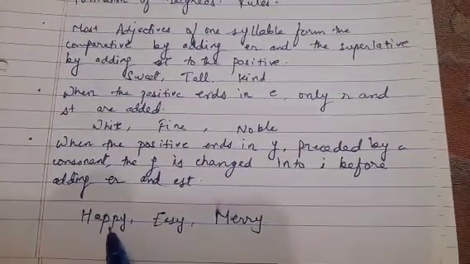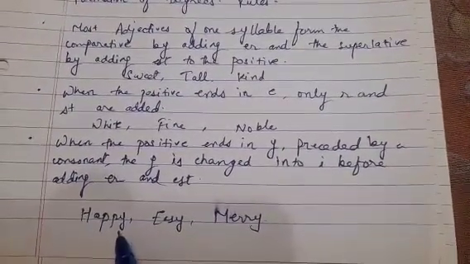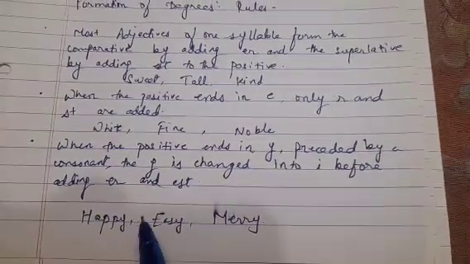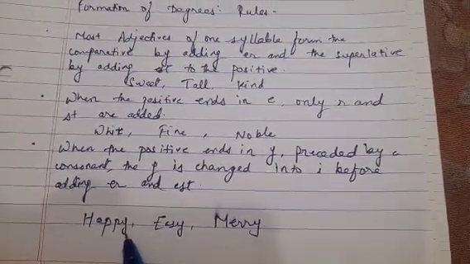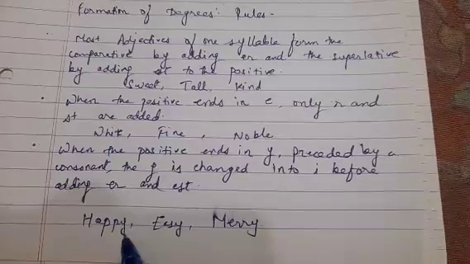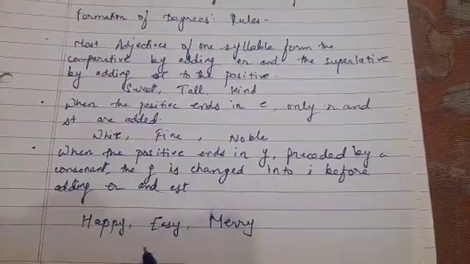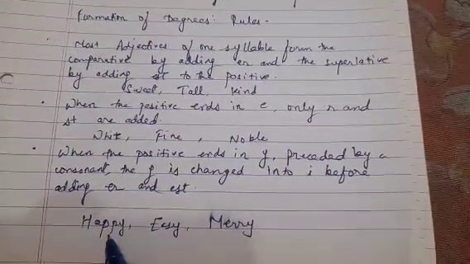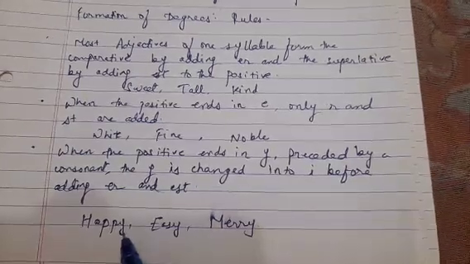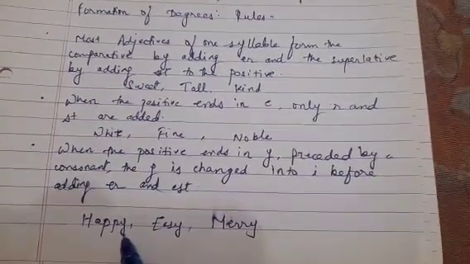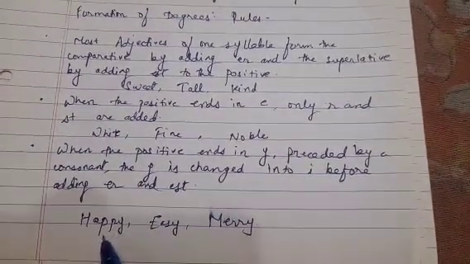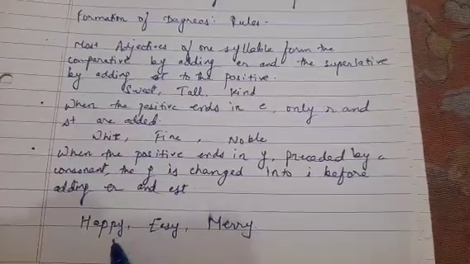So when we are going to convert it into the comparative degree, then we will replace this y with i, adding er, and in the superlative degree this y will be replaced with i, adding est, happiest. So it will become happier and happiest.